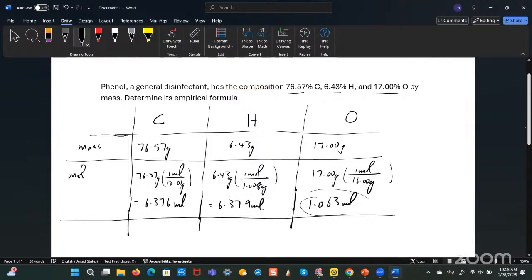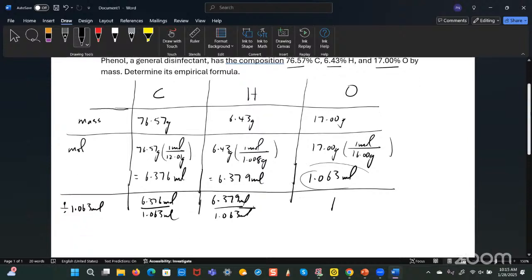So I'll divide each of these values by 1.063 moles, right? So 6.376 moles will be divided by 1.063 moles. The same thing will be true for here, 6.379 moles, I'll divide by 1.063 moles. And then the last one, when divided by itself, will give you 1, right?